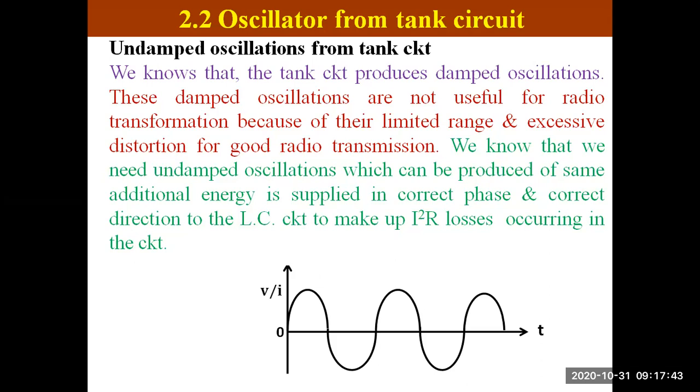That means there are losses, and due to these losses, what happens? Due to the limited range, we get excessive distortion for good radio transmission. Therefore, these damped oscillations are not useful for radio transmission because of their limited range and excessive distortion for good transmission.